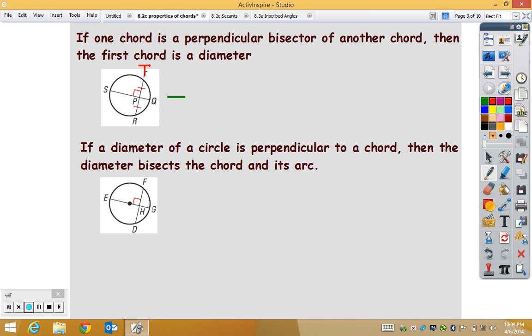And if a diameter of a circle is perpendicular to a chord, then the diameter bisects the chord and its arc. So here we have a diameter, EG, that passes through the center, and it is perpendicular. So we can say it bisects FD, and it also bisects the arc FGD.